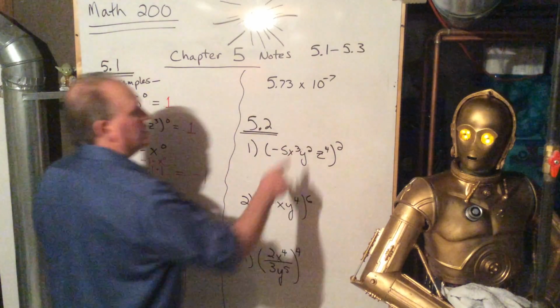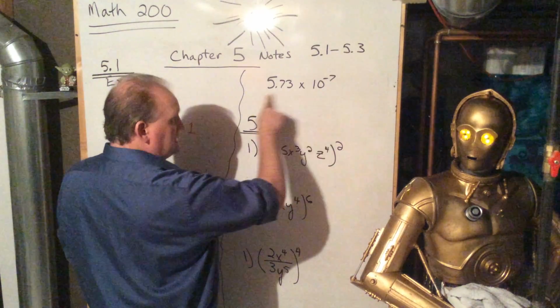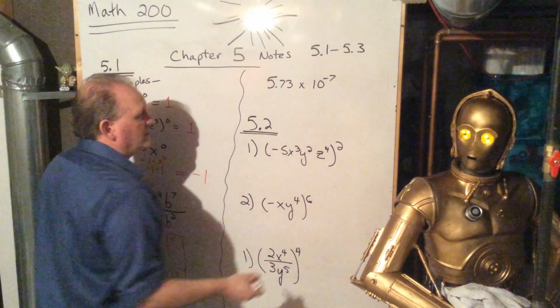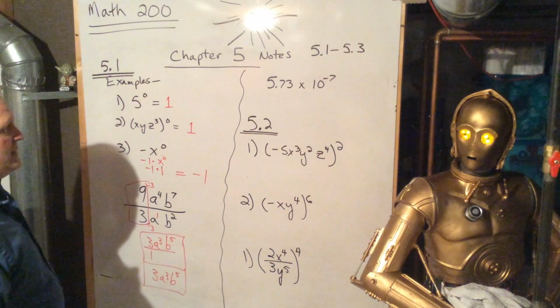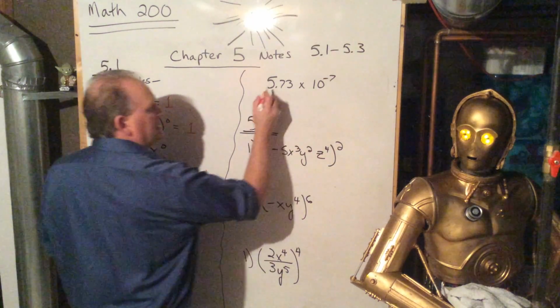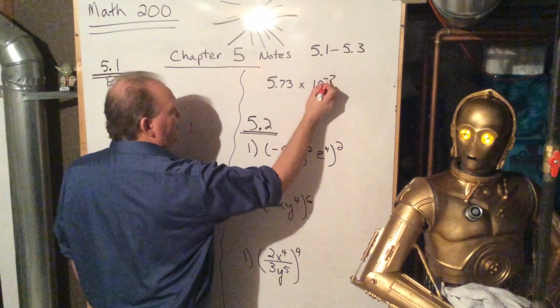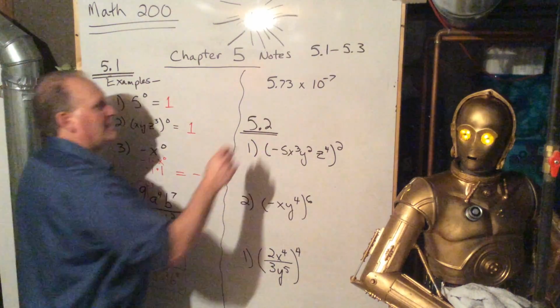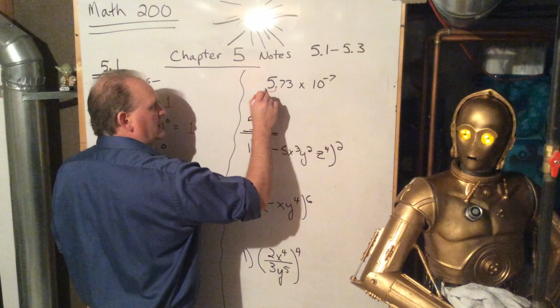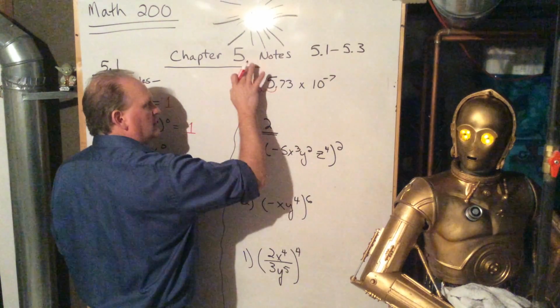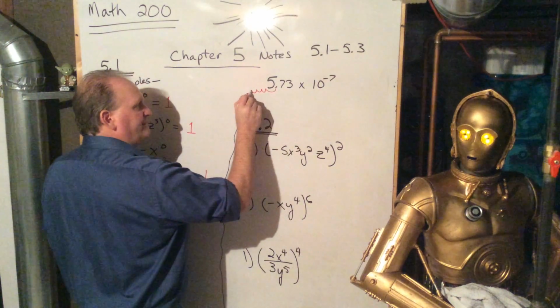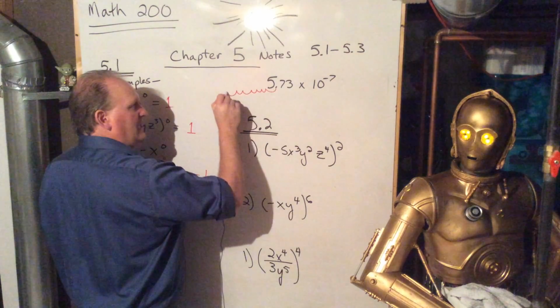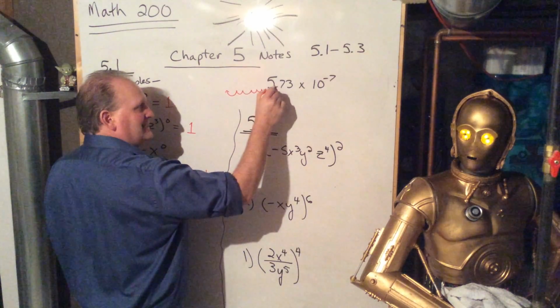All right, let's take a look at this. They want me to take it from scientific notation into standard form. That's on the top of the second page of the note packet. So we're going to take that and move it over 7 places. That doesn't mean add 7 zeros. That means actually we're going to add 1, 2, 3, 4, 5, 6, 7 places.